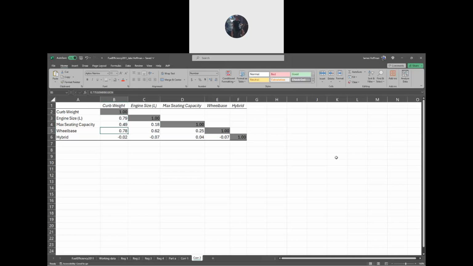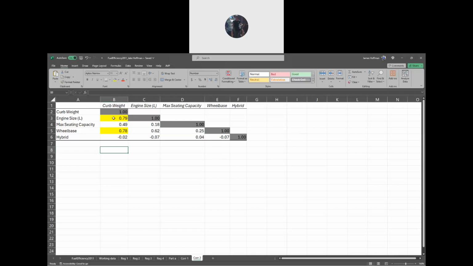So possibly if we just take out curb weight, we'd be good. But let's check these ones. Okay, so low, low, low. Yeah, right. Those are the only two over 0.75, right? Okay.